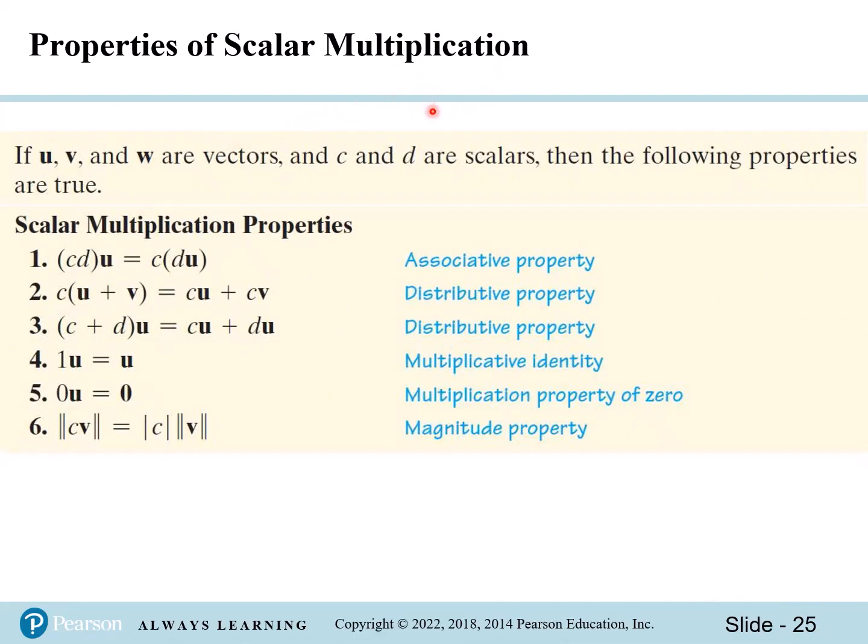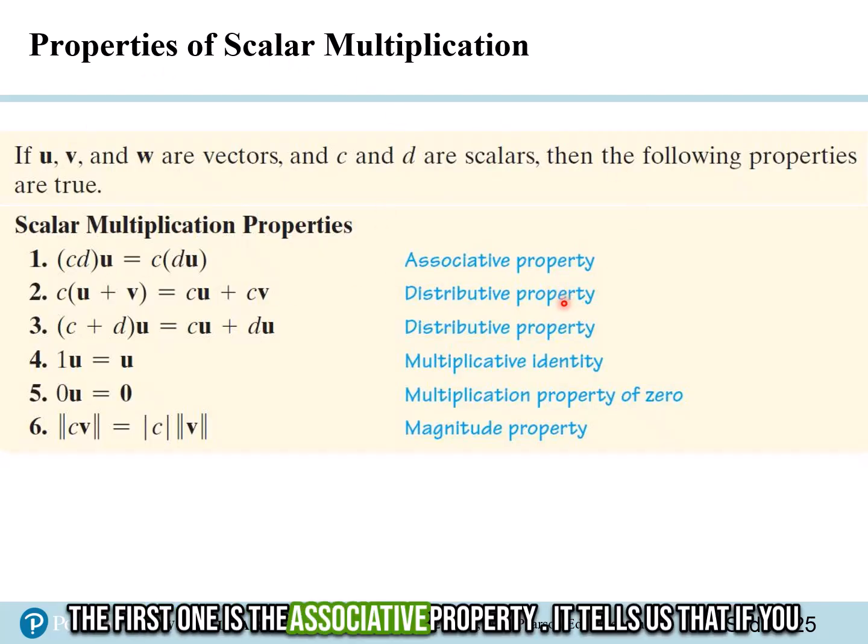scalar multiplication. The first one is the associative property.